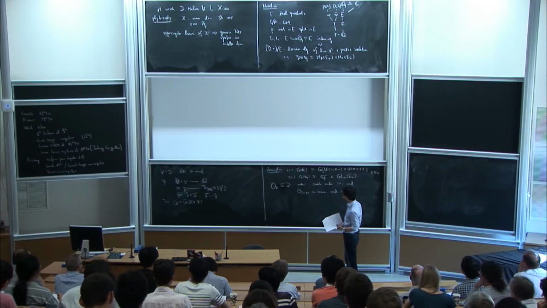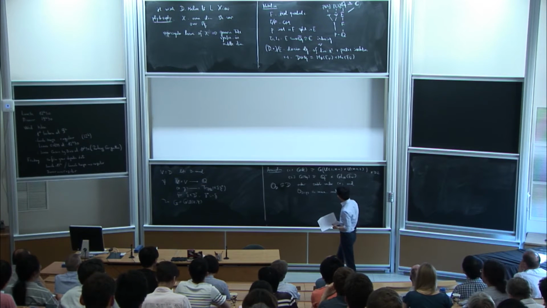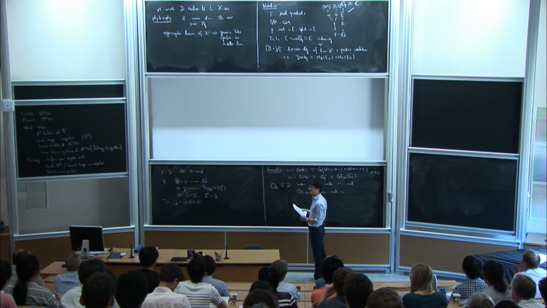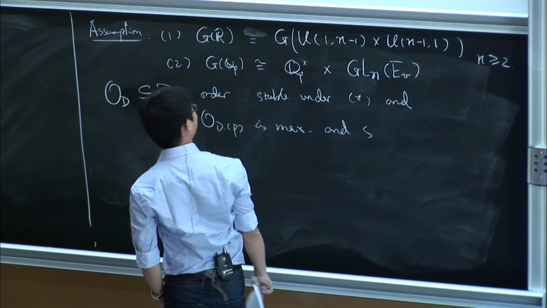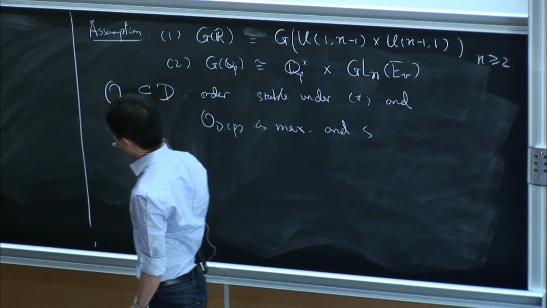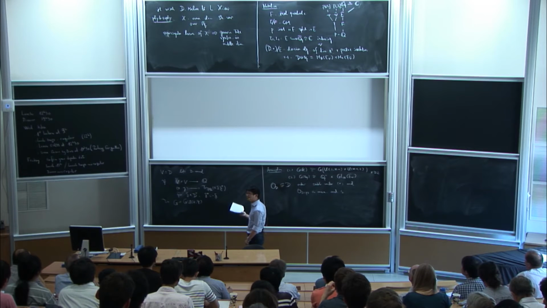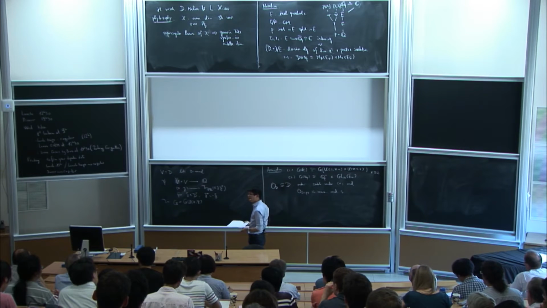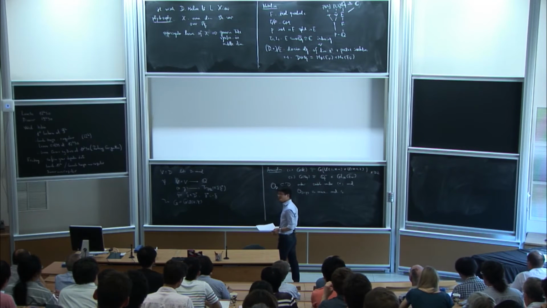Which? You mean the two groups are the same? No, it's not automatic. You choose delta such that. Yes, yes, of course. Okay. It's not isomorphism, you said?